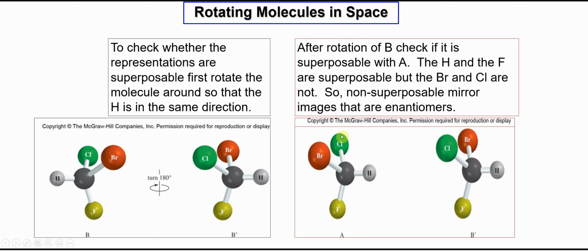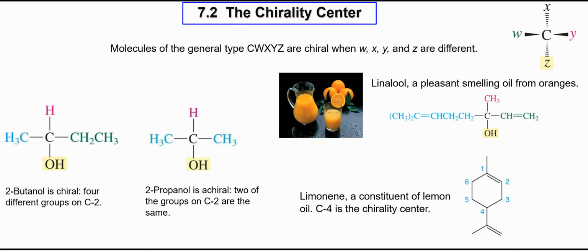Your bromo and your chloro are in different positions in the 2 molecules. In this case, after rotation of your B, the B prime and A are non-superimposable mirror images. Therefore, your original A and your original B molecules are enantiomers. So that's how you determine your enantiomers.